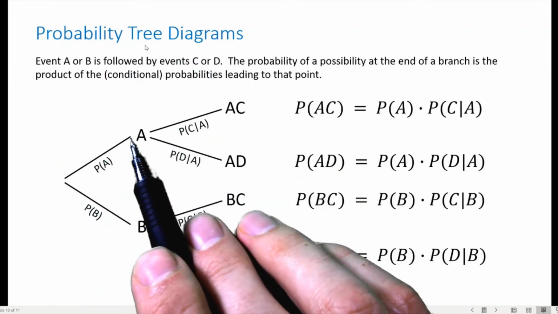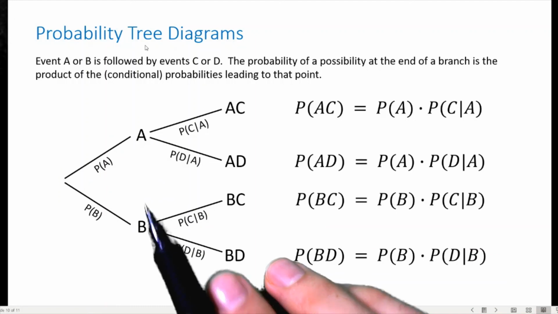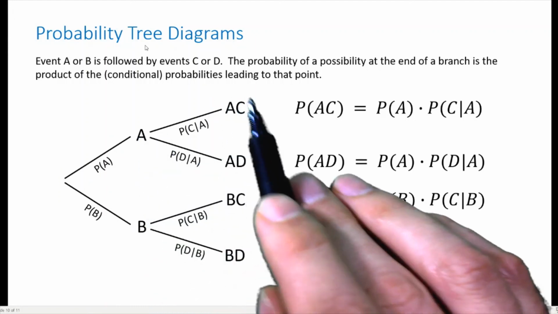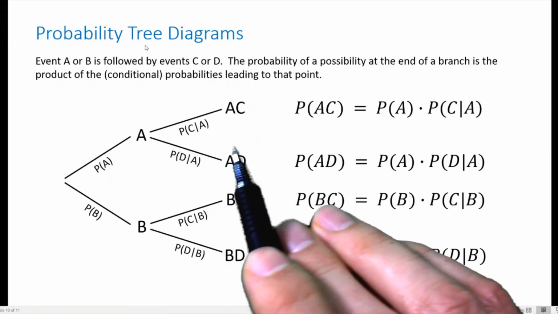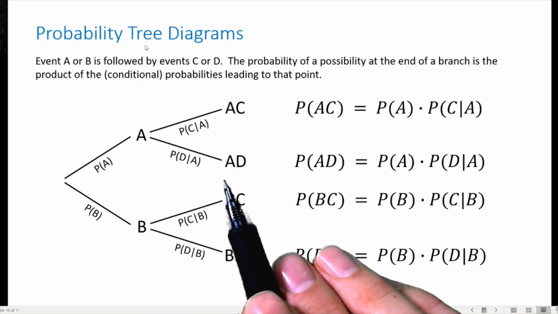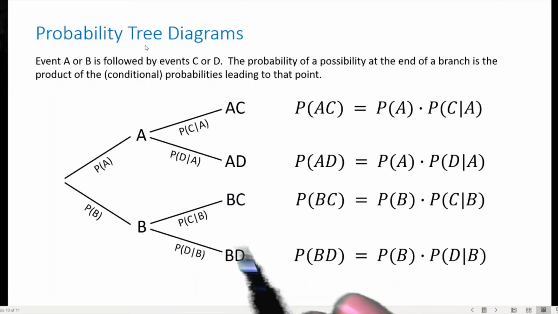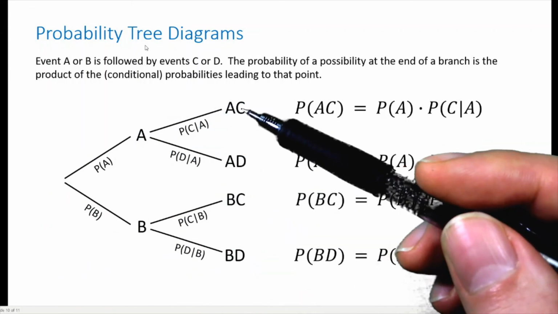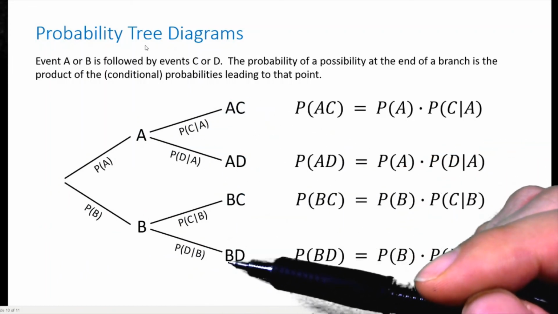First A happens or B happens. Then after A or B happens, either C happens, in which case we have A followed by C, or D happens, in which case we have A followed by D. After B happened, either C happened, we have BC, or D happened, we have BD. So these are the four possibilities at the ends of our branches.